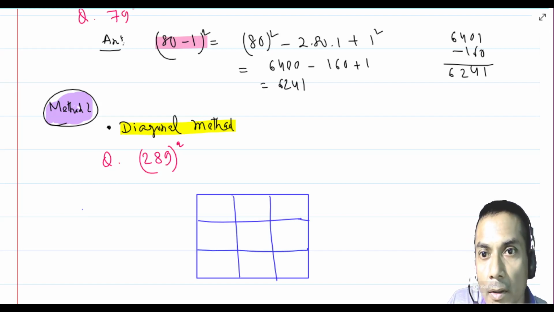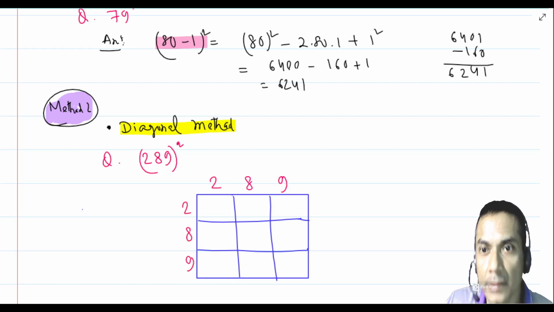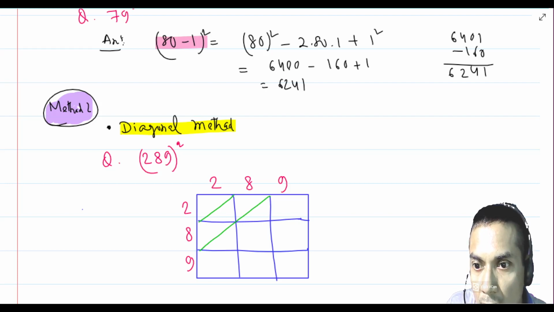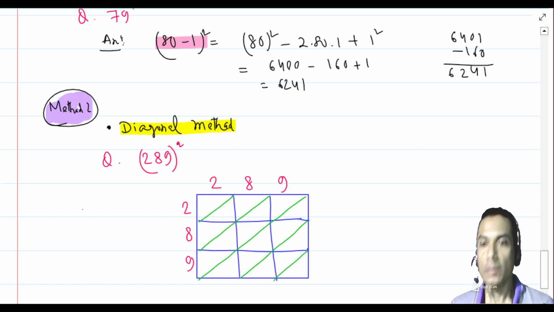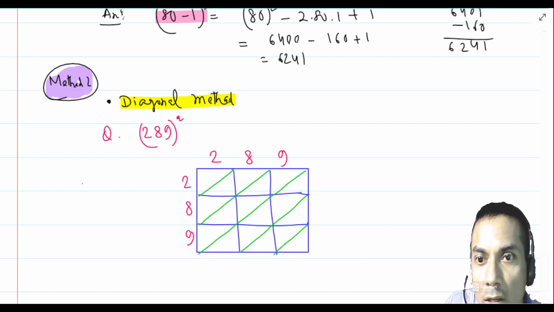Then write down the number on top of the columns, 2 8 9, and the rows also 2 8 9. Then you just connect the diagonals. If your drawing is perfect, you can easily do it. It is not that tough. You practice at home, you can do this yourself. Clear?